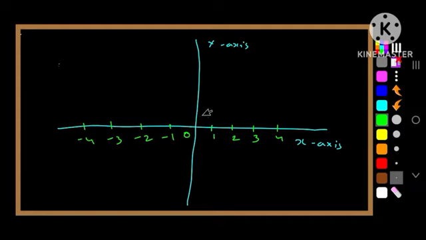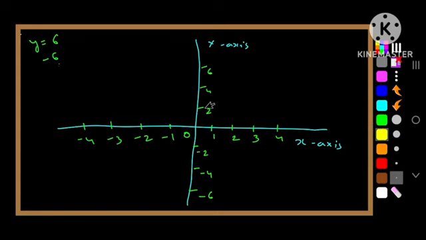Similarly in the graph you have to see the maximum value of y. What is the maximum value of y? I am getting 6 here and the minimum value is minus 6. So I'll take 2, 4, 6, and similarly minus 2, minus 4, minus 6.